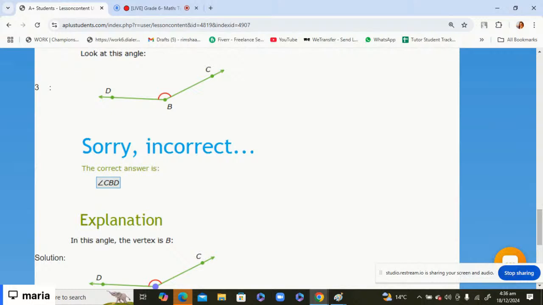Everyone tell me in the chat, how can we name this angle?